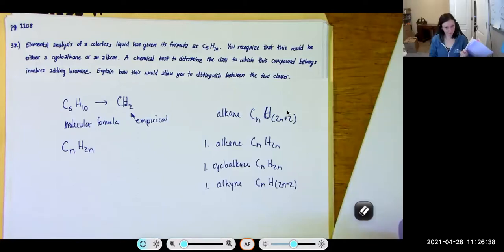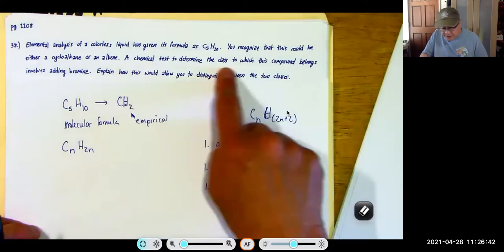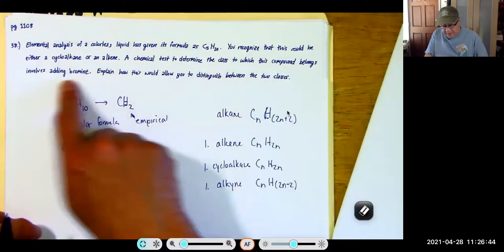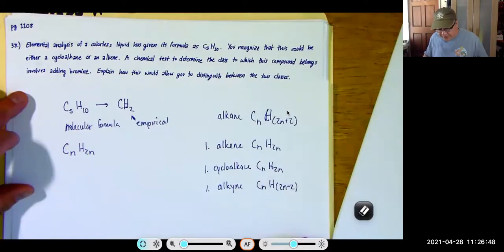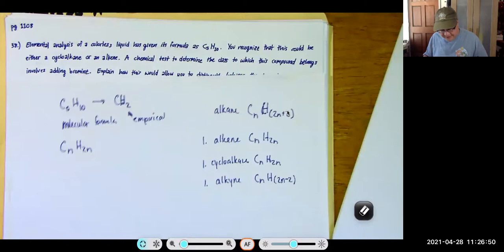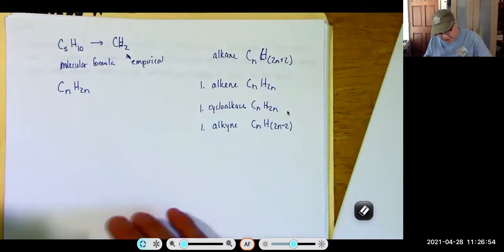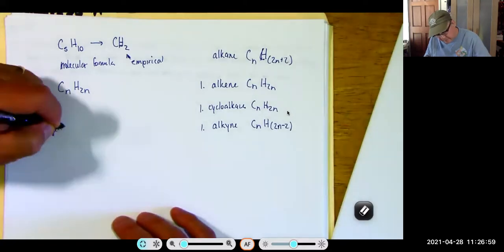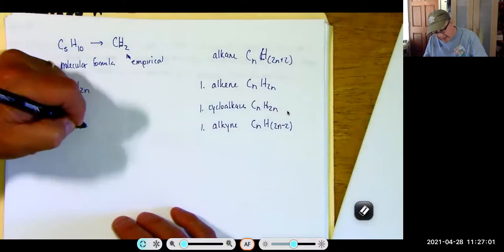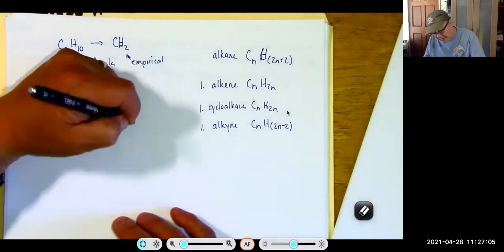A chemical test to determine the class to which this compound belongs involves adding bromine. Explain how you would use this to distinguish between the 2 classes. So we're going to take a closer look at halogenation of alkanes and cycloalkanes.